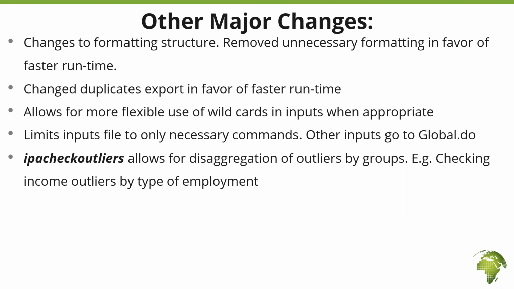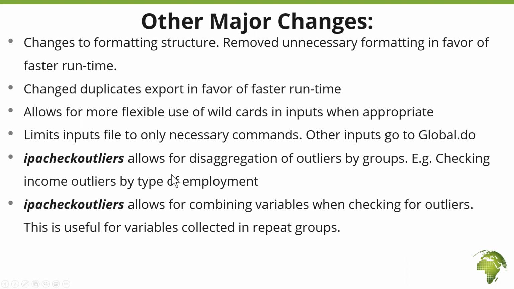So let's say you expect that harvest will be higher in a particular location because of the type of soil or for some other reason per acre, you can indicate that you want the outliers to be checked by those locations. If you're also interested in grouping by treatment status or other status, you could also do that.